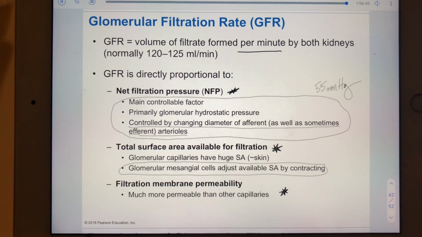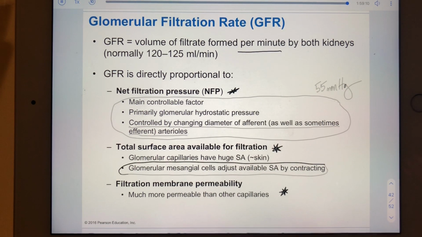Well, how much can we adjust the permeability of the filtration membrane in a healthy body? Not much, okay? Can we adjust the total surface area that's available for filtration? A little bit.